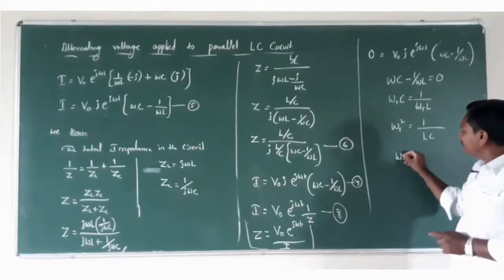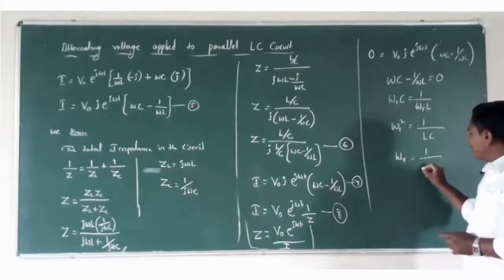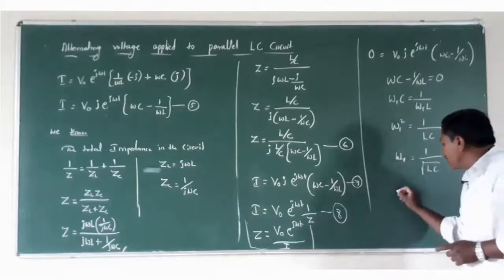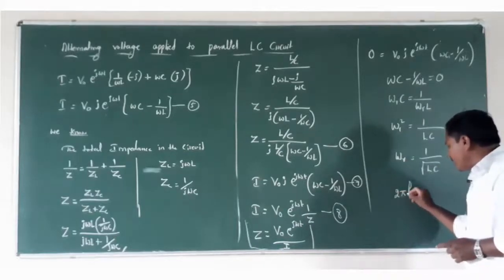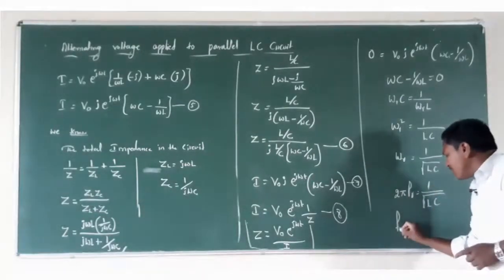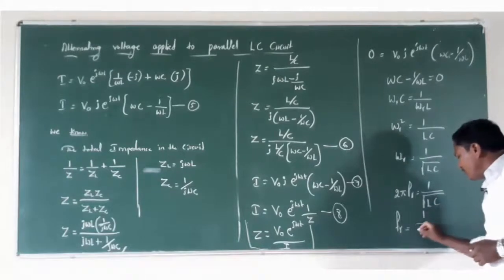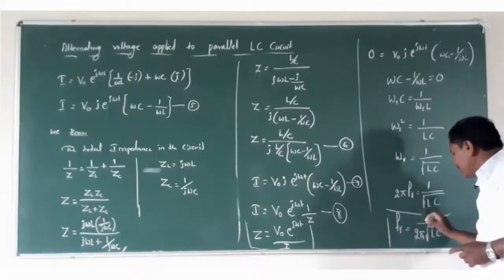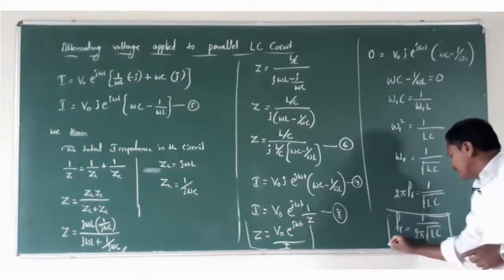Omega r is equal to 1 divided by square root of LC. Here omega r can be represented by 2 pi f r which is equal to 1 divided by square root of LC. Therefore, f r is equal to 1 divided by 2 pi square root of LC. So, this expression represents the resonant frequency.